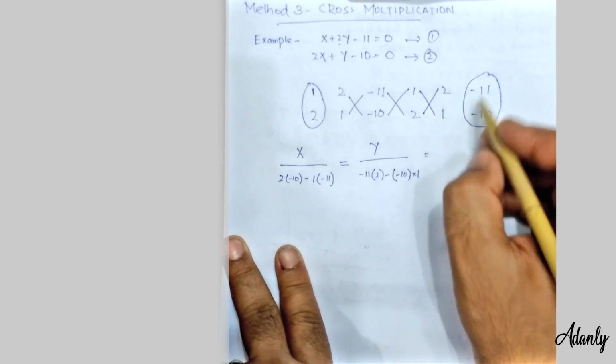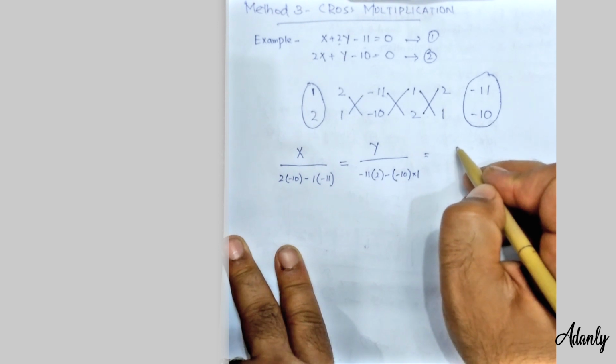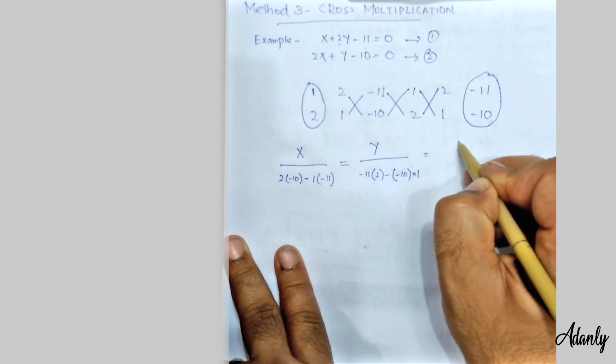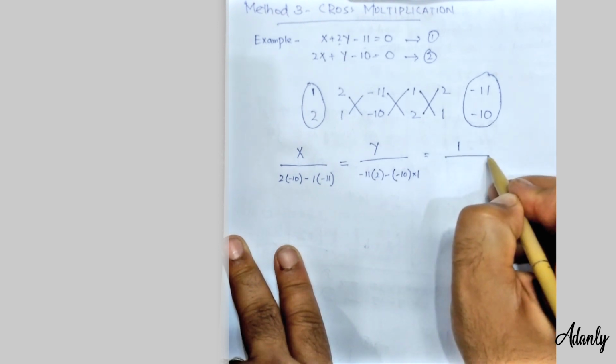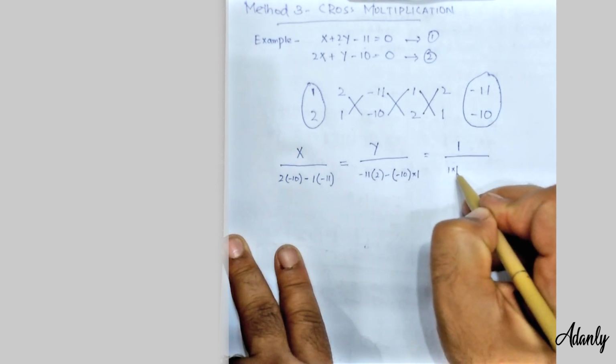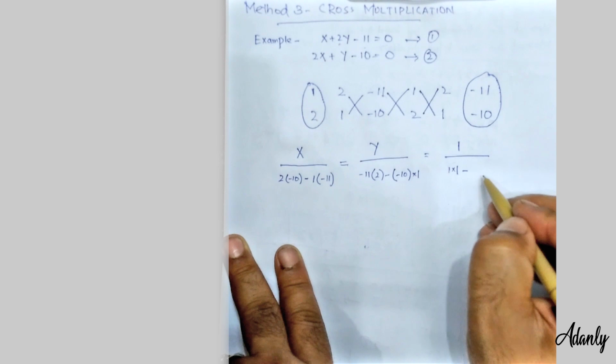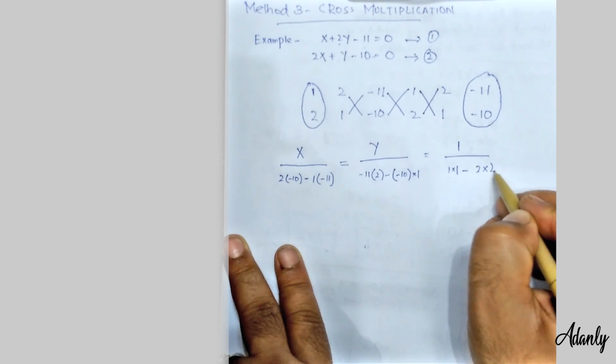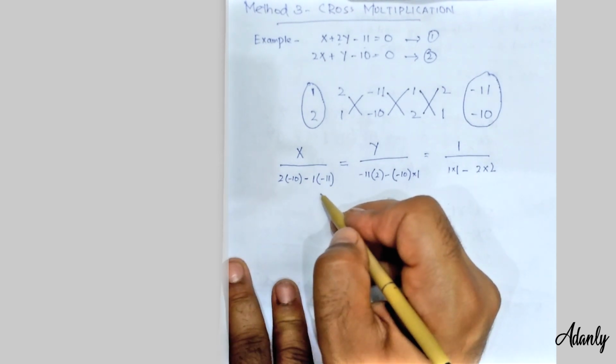Then in the last numerator we will write 1 divided by 1 multiplied by 1 minus 2 multiplied by 2, and this is how the cross multiplication works.